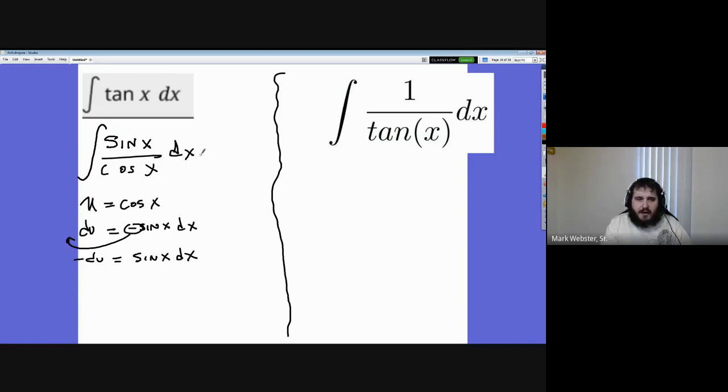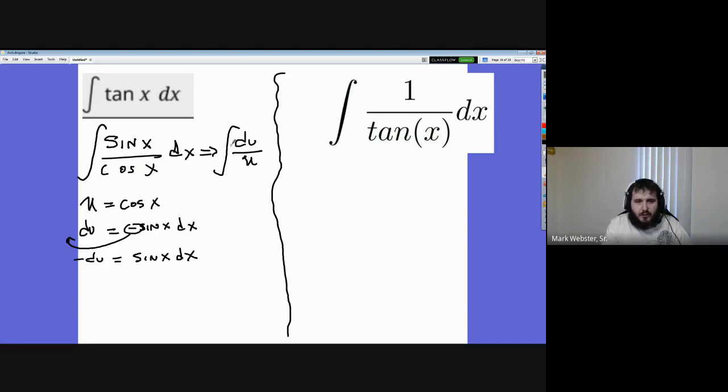So what I can do is I can say, all right, well, sine of x dx, that can be my negative du. Cosine of x, that can be my u. And I turn this into the integral of du over u, which I know how to integrate, right?